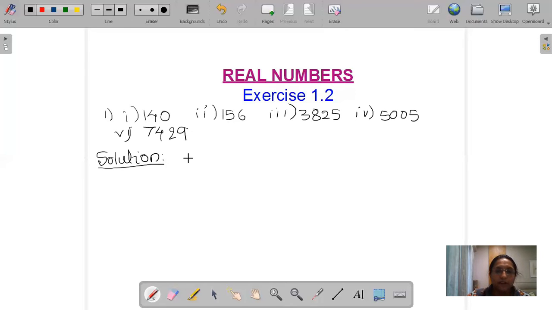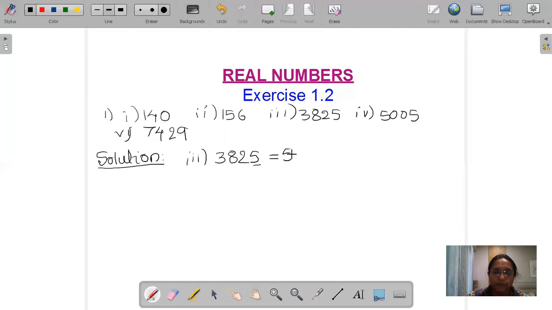So I'll take the third example, that is 3825. We have to find the factors of this. Just check here, in the last digit 5 is there. Then definitely this number will be divisible by 5.